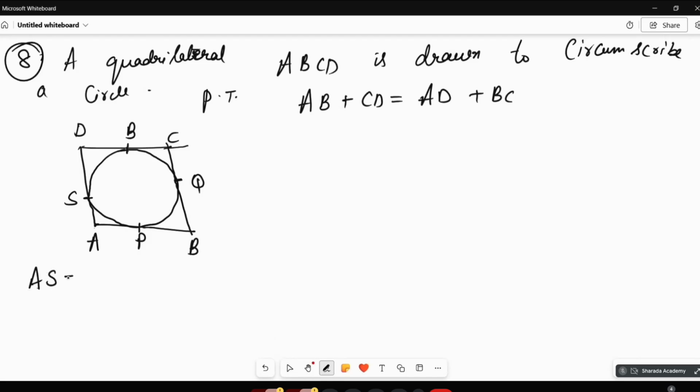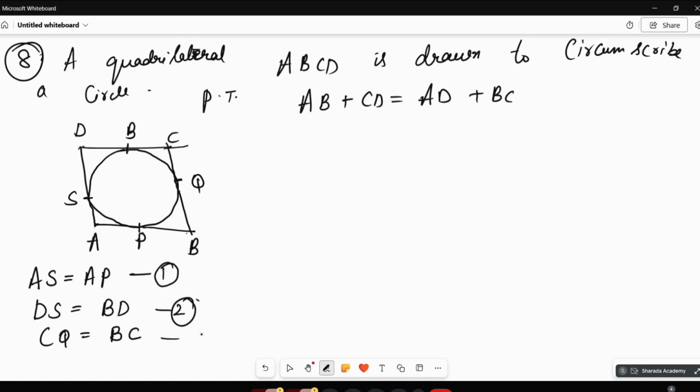AS is equal to AP. We'll write it as equation 1. DS is equal to DR, equation 2. Then we have CQ is equal to CR, and BQ will be equal to BP, equation 4.